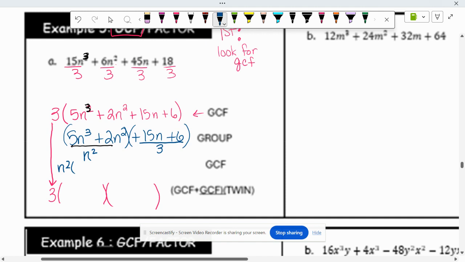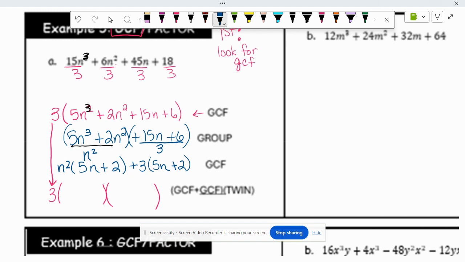Okay. So let's see. When I take out my n squared of the first grouping, 5n cubed divided by n squared is 5n plus 2. And when I take out my positive 3 on the second grouping, 15n divided by 3 is 5n. And 6 divided by 3 is a positive 2.